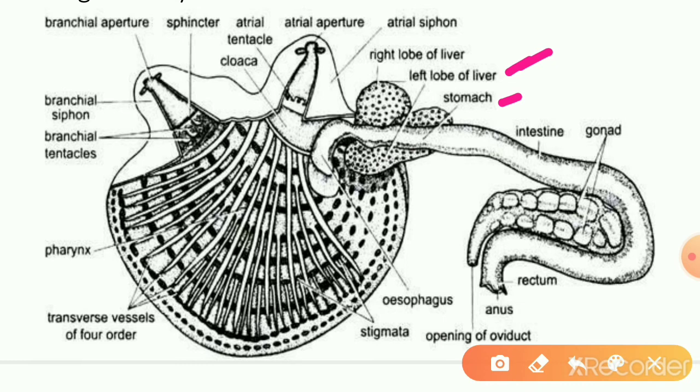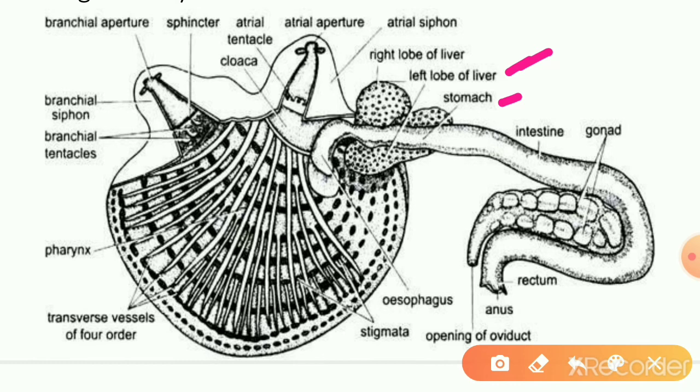In the stomach, digestion takes place with the help of the secretion of the liver. The liver secretes enzymes amylase, protease and lipase. Amylase digests the starch, protease digests the proteins and lipase digests the fats and lipids. So here the digestion takes place.